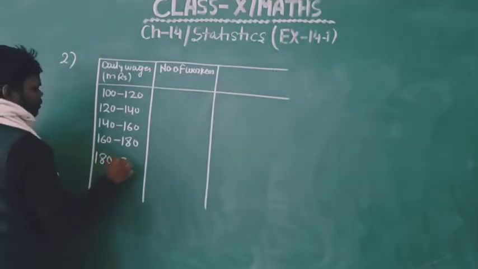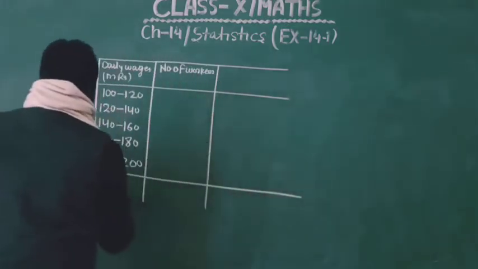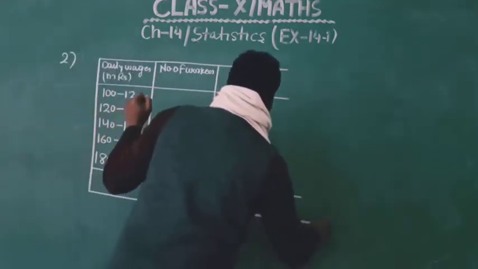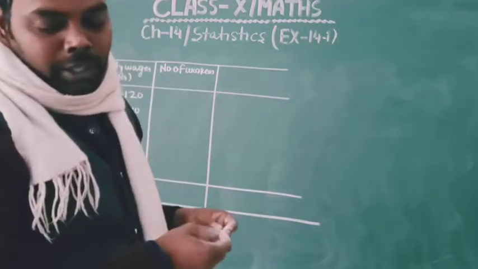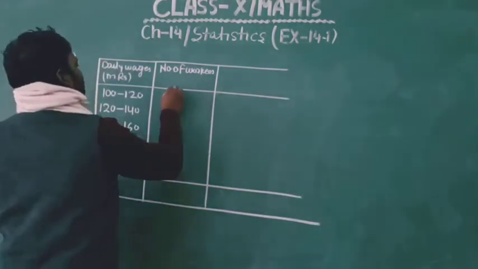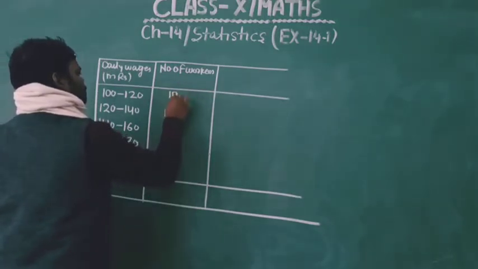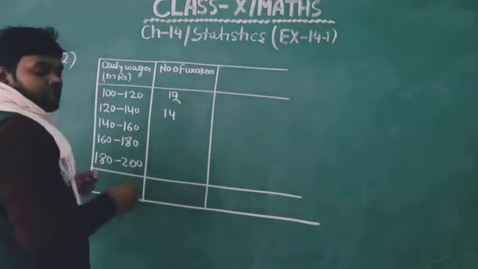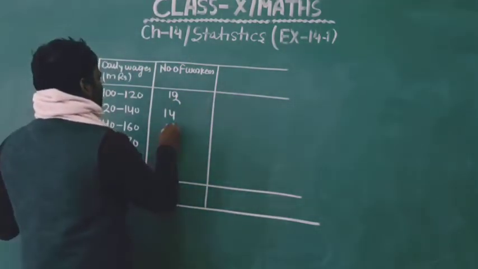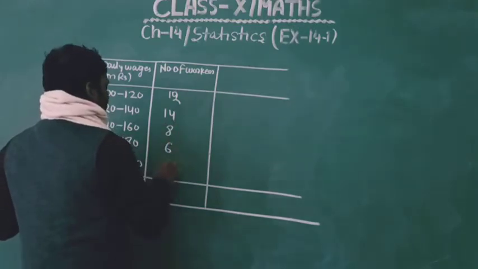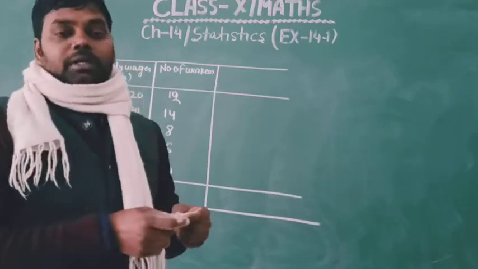And the number of workers is 12, 14, 8, 6, 10. Find the mean.